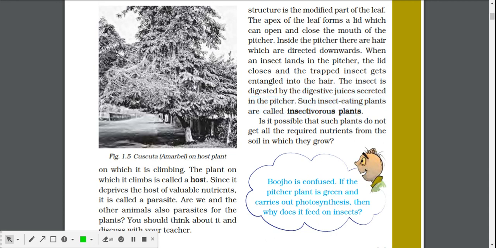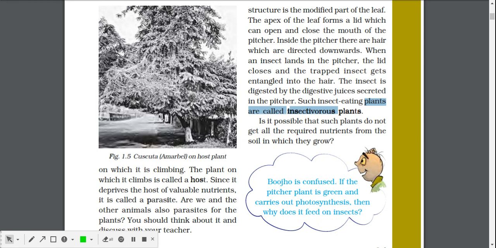So we have already talked about Cuscuta. Now there is one more kind of plant known as an insectivorous plant that depends upon insects. They eat insects. How do they eat insects? They form a flower-like structure, but it's not a flower. It's a kind of mouth or opening to trap insects, right?